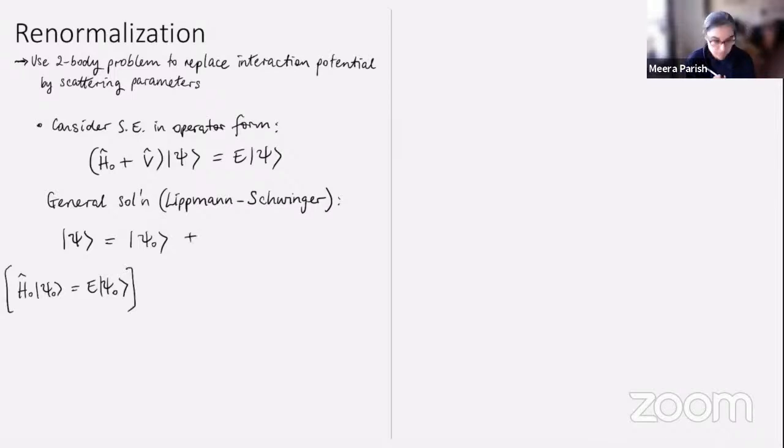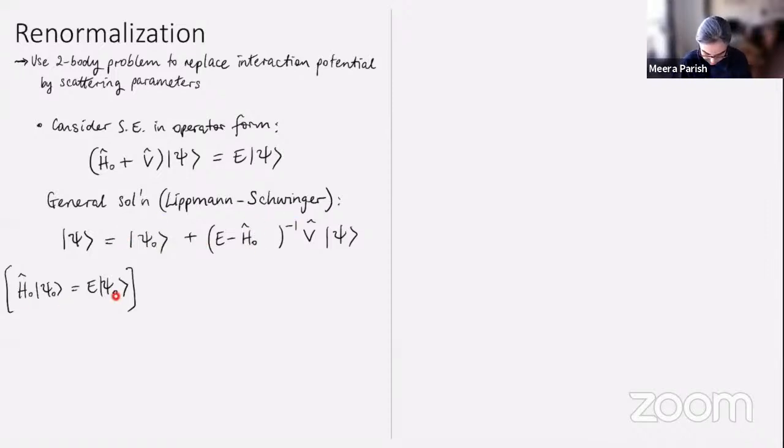And then I have my scattered part, which I can write down as follows. Here all I've done is rearrange my equation. If you take this part, which is the inverse of E minus H naught, and multiply it by E minus H naught, that removes it.